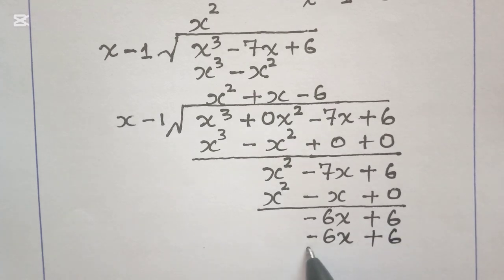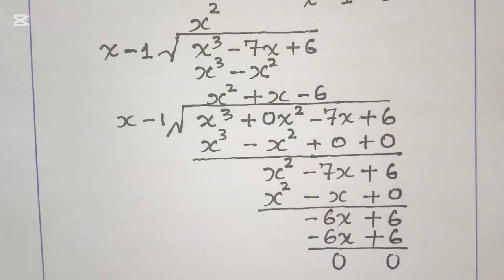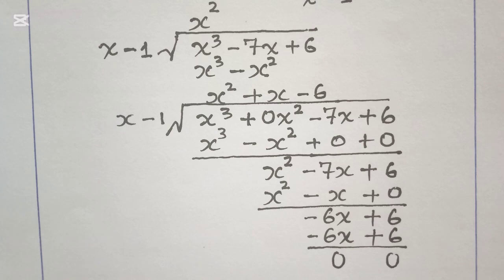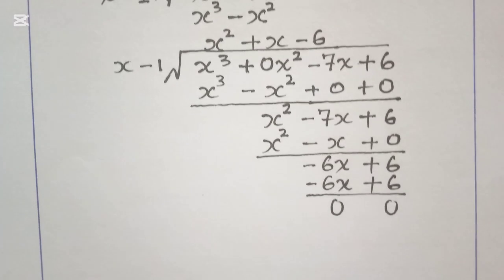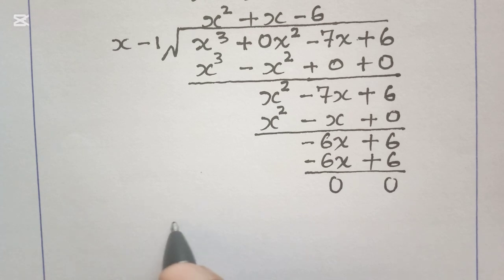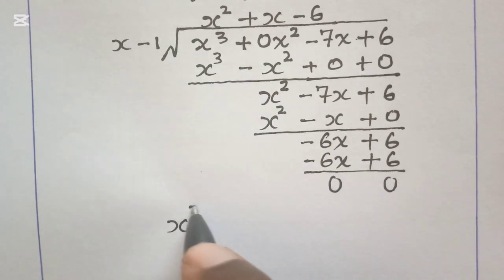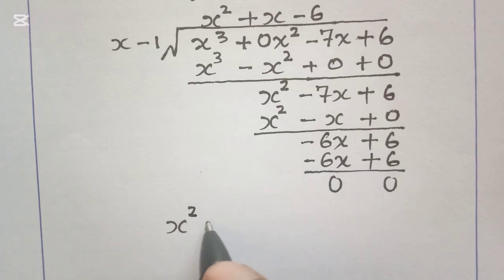So guys, as you can see now, we will get our remainder 0 there and 0 there. And so guys, our factors are now from this equation. So we just solve that equation and get the roots. The roots of those equations now is what is going to be our answers, our other roots apart from x equals 1.